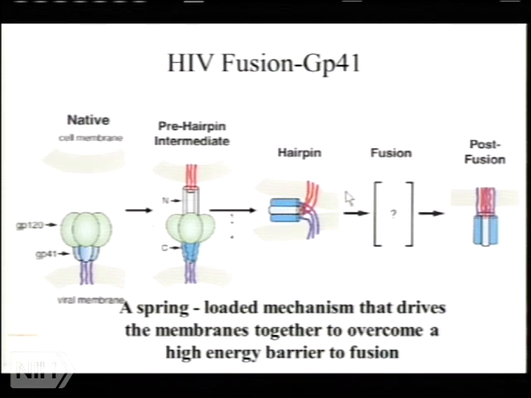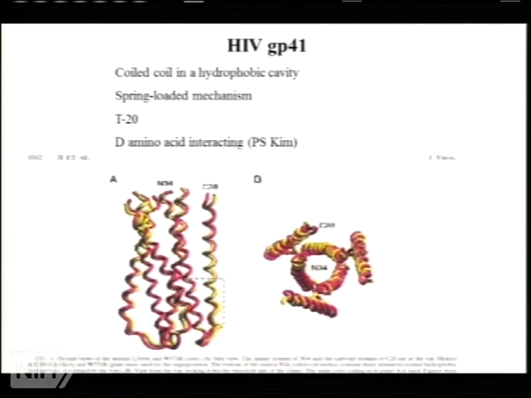But the outcome of that rearrangement and forced fusion of these two membranes allows the HIV core into the host cell membrane. And so that's a pretty specific event, that fusion event. And here, if you look at GP41 at some of those bundles, you get the sense that they're all alpha helices. They really do look a little bit like springs.